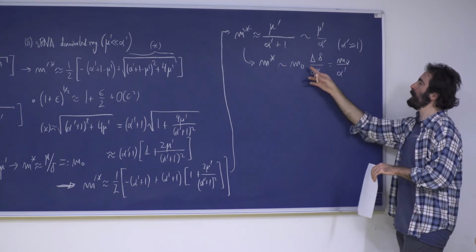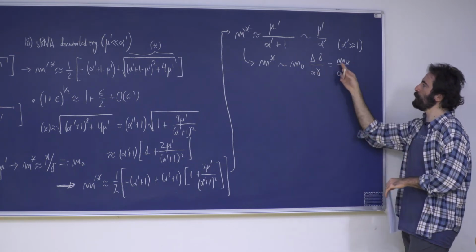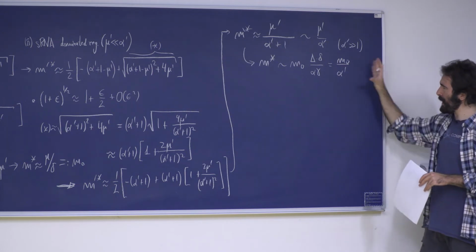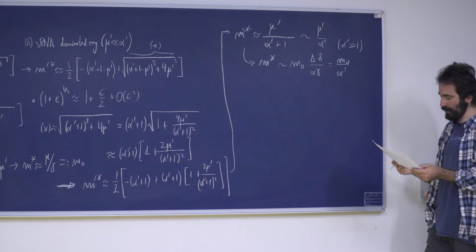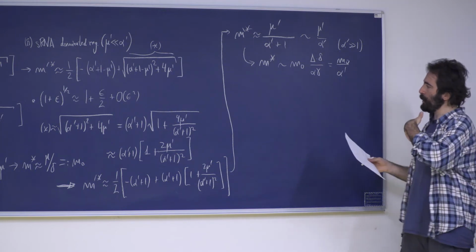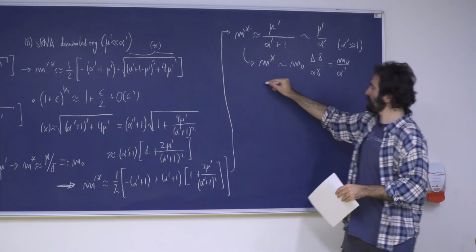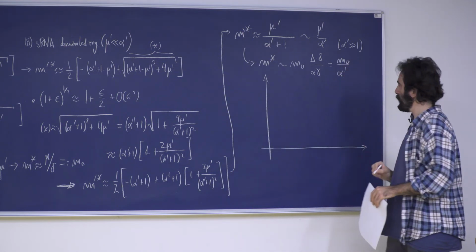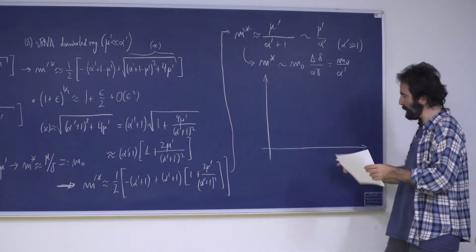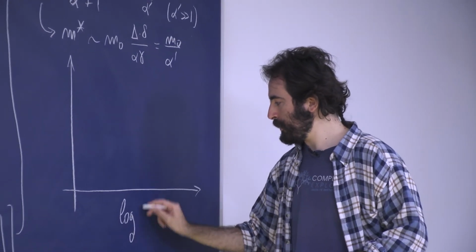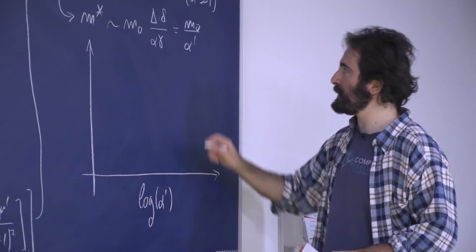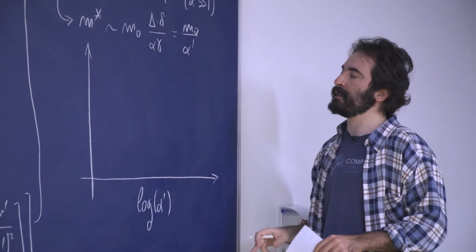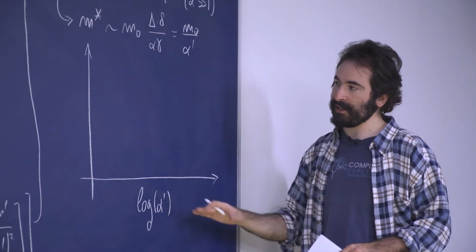But if you want to be a little bit more elegant, we should use this approach. And why am I writing this now? Because maybe I can do something about it. For example, I could plot the log of alpha prime, which is basically the log of alpha gamma divided by big delta times little delta, on the x-axis.